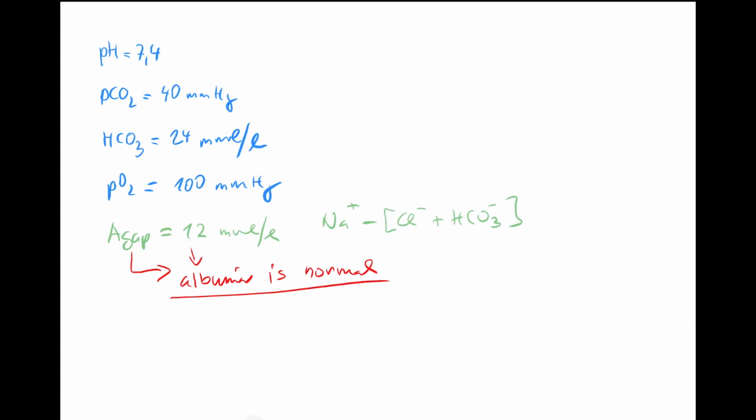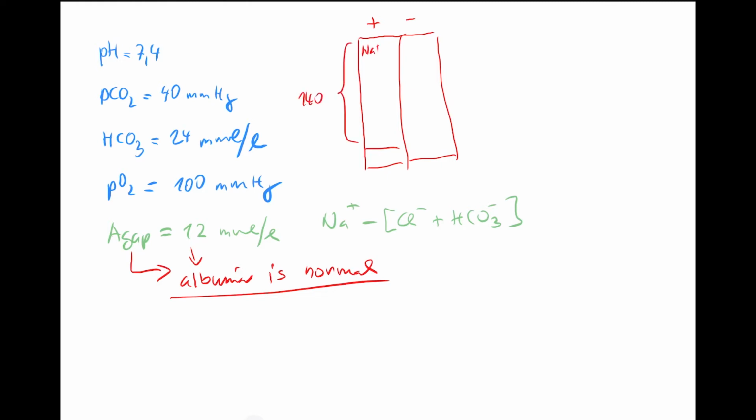And why is this? Well, let me remind you of the ion columns. There should be equilibrium between cations and anions, and the main cation is sodium. That one is 140, and the main anion is chloride, and bicarb follows.